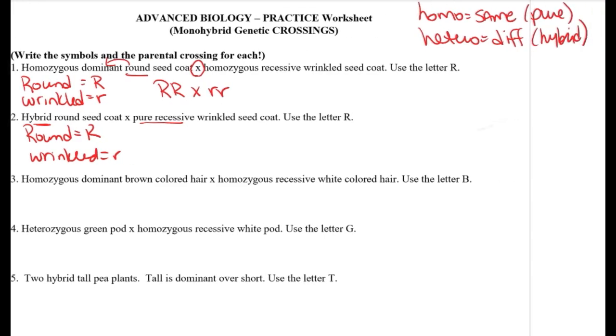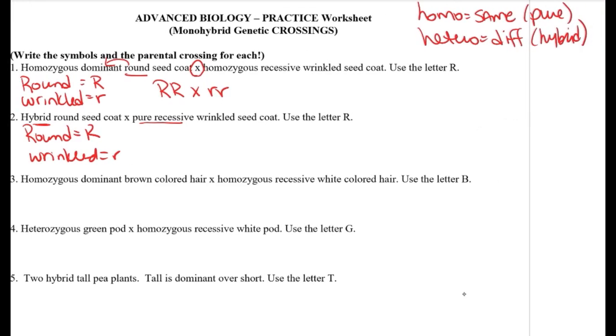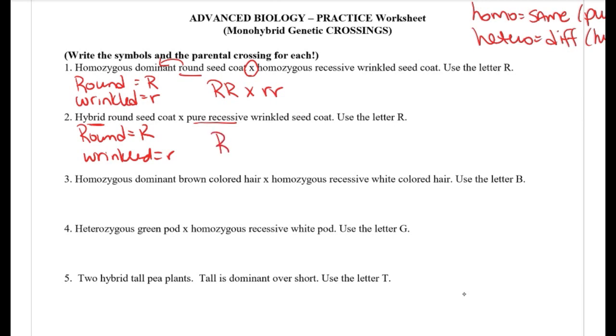Hybrid, remember, is the same as heterozygous, so I'm going to have one of each letter, capital R, lowercase r. But you notice it's going to be round because the dominant is masking the recessive allele. Here's my cross. Pure recessive wrinkled. Pure is the same as homozygous, so basically it's the same as what it was up above.